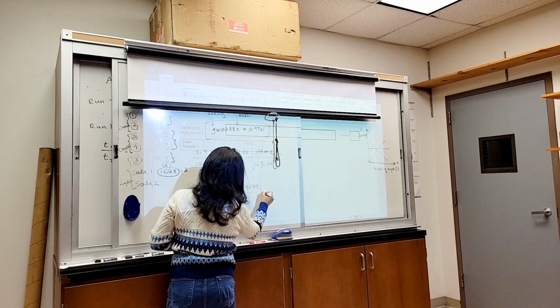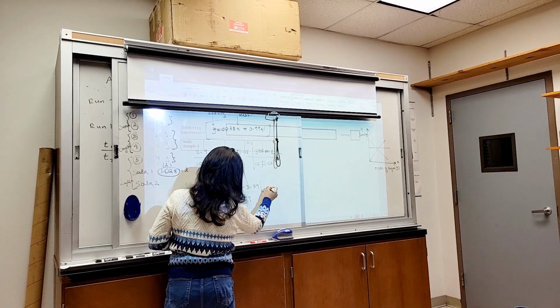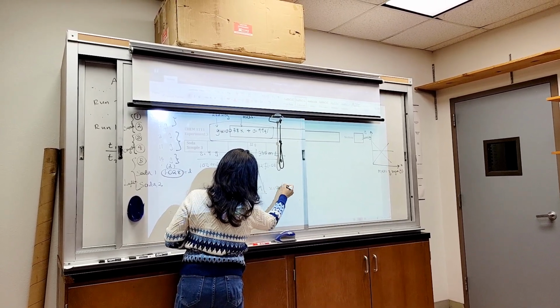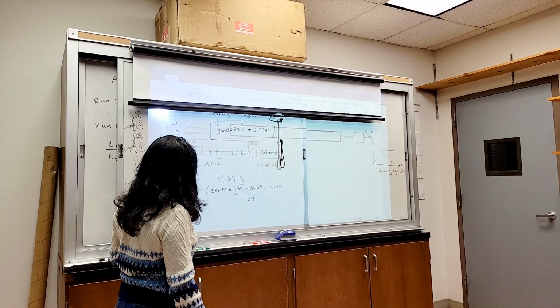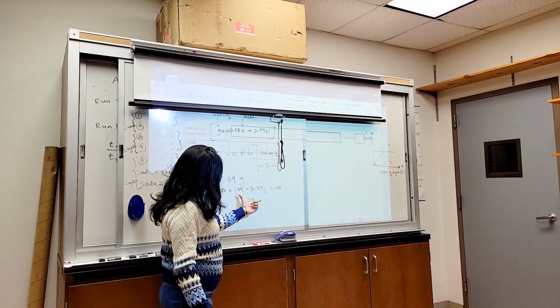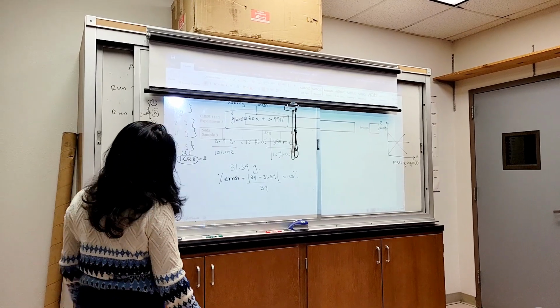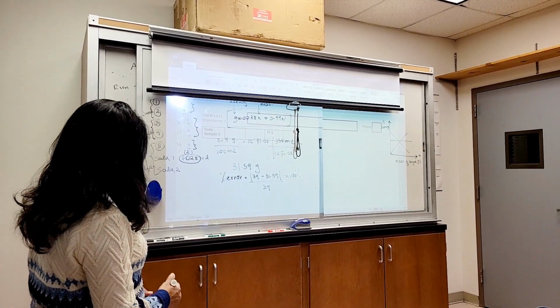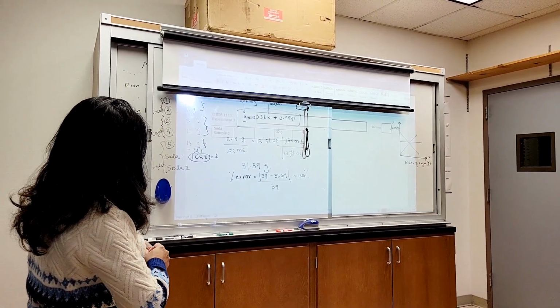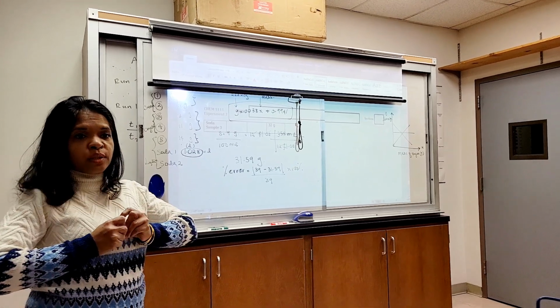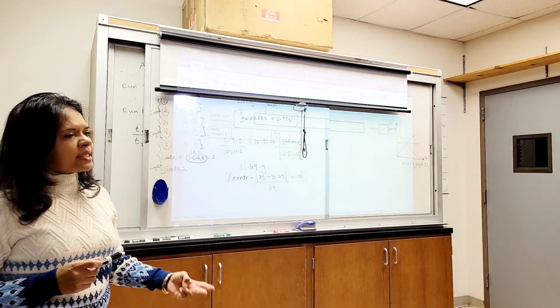You take the absolute value, divided by 39, times 100. That will give you the percent error. If you go by the decimal places, that should be fine. There would be no decimal places. You will do that for both soda samples.